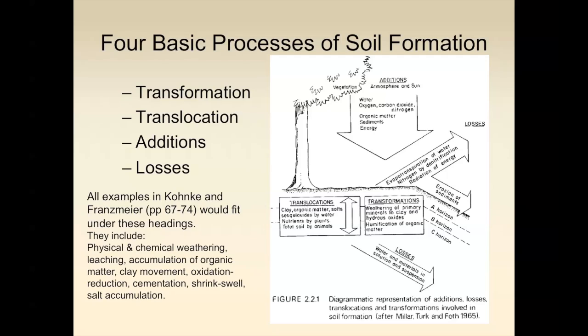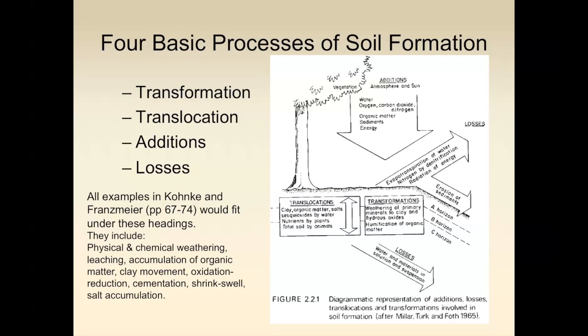We also have translocation, so that's within the soil profile. So, for instance, one of the things that you'll find is that you'll have an accumulation of clay, not in your top or A horizon. Your clay will actually move down 6-12 inches and more into what is often known as a B horizon.